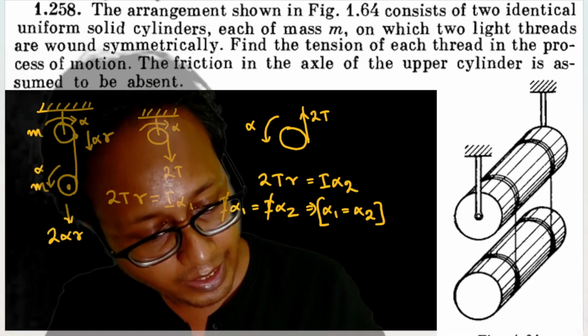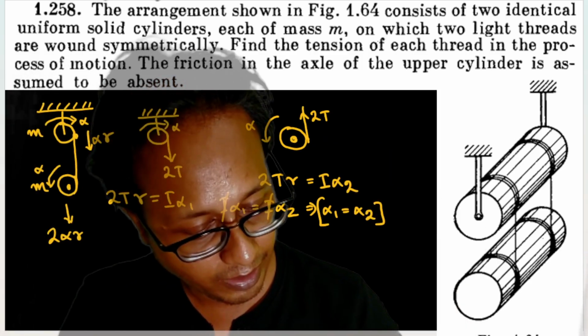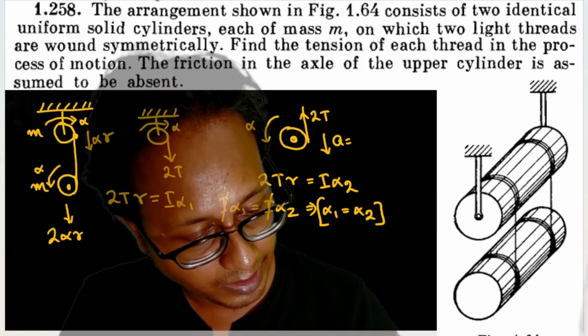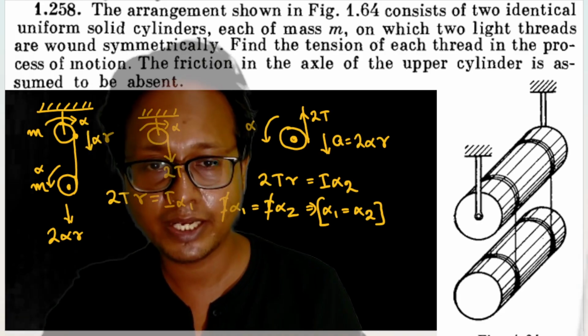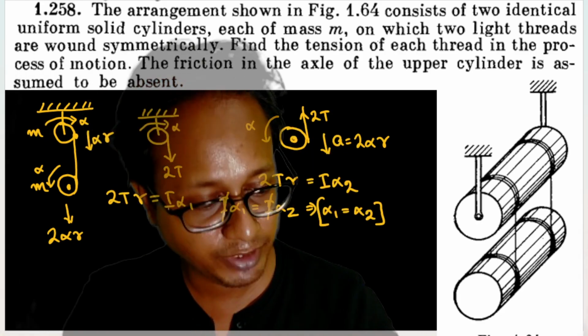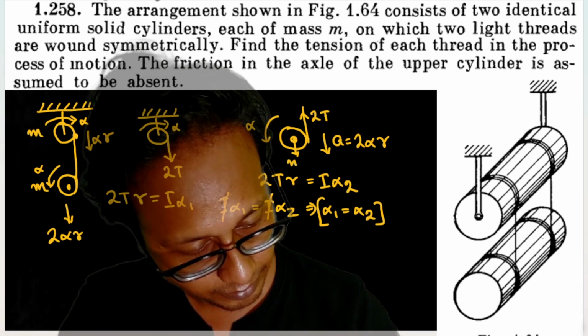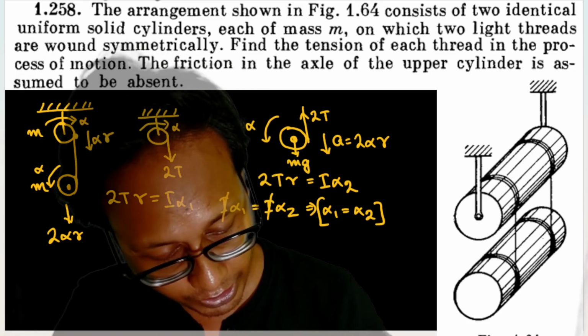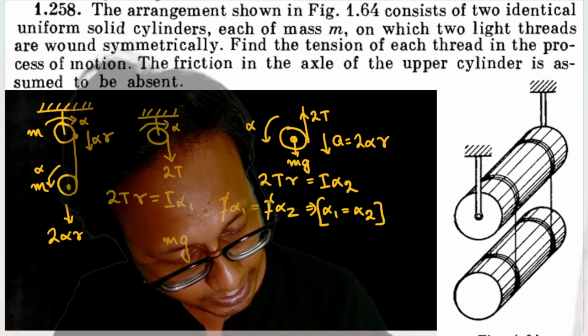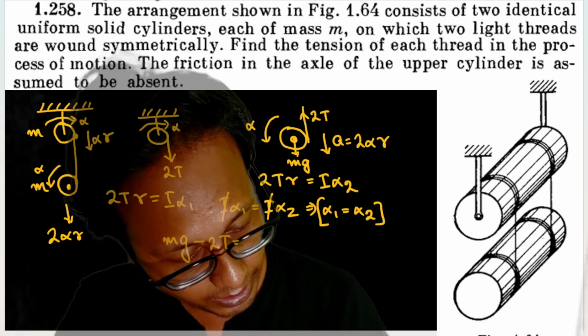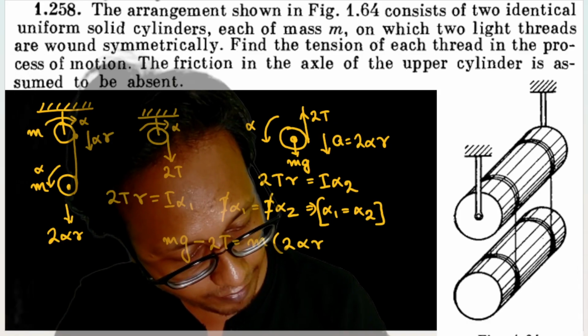Now if I write down the equation here, the acceleration is nothing but 2 alpha r. Let me write down the linear equation, the force equation: mg minus 2t is equal to m into a, where a is 2 alpha r.